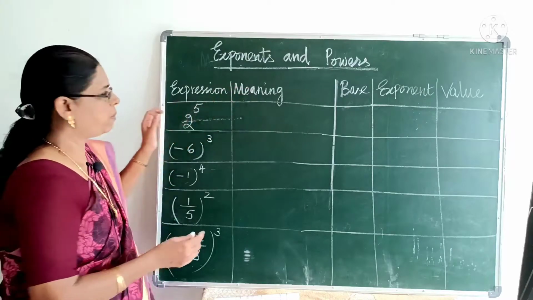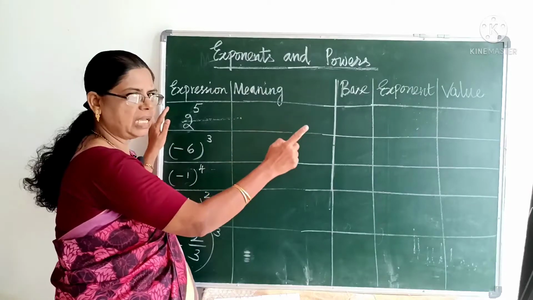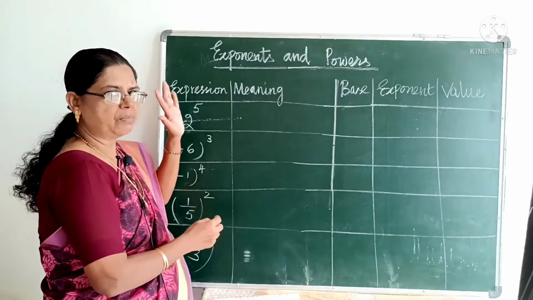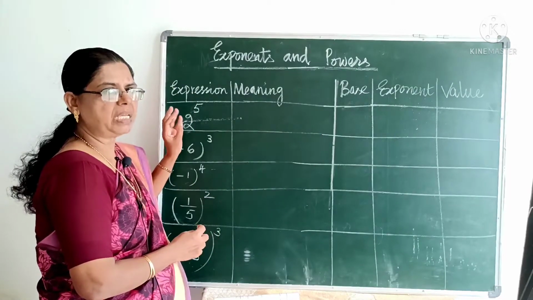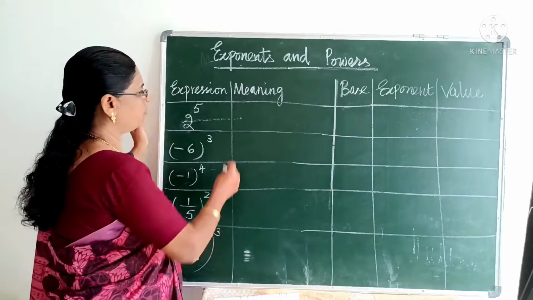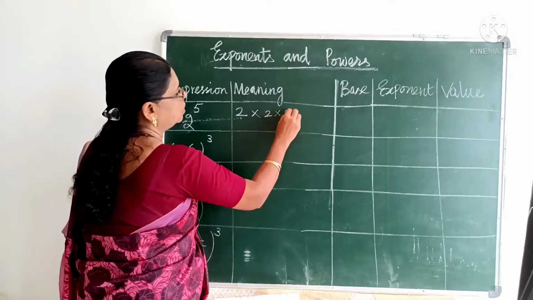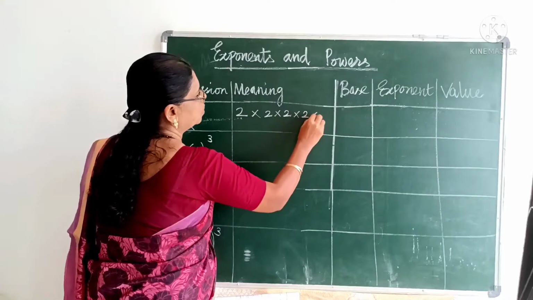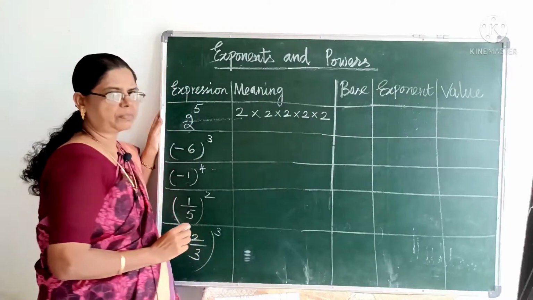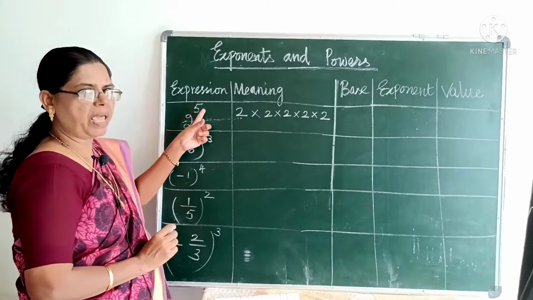And what is its meaning? 2 should be written again and again in multiplication form for 5 times. So, 2 into 2 into 2 into 2 into 2. This is the meaning of this one. So, what is its base?